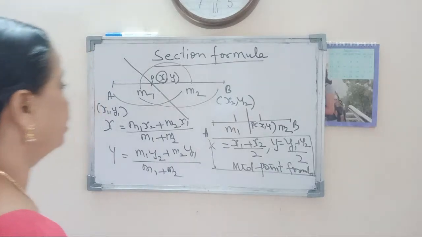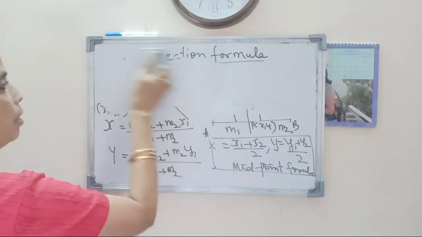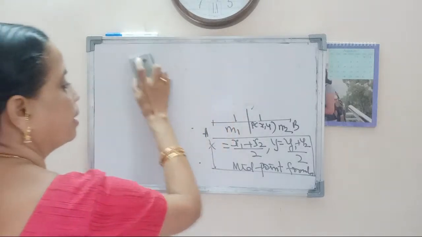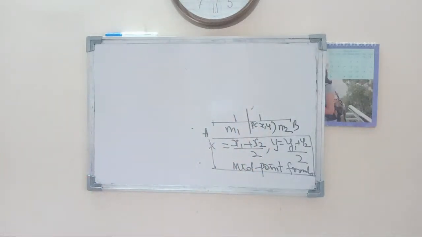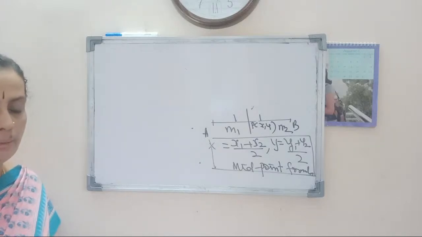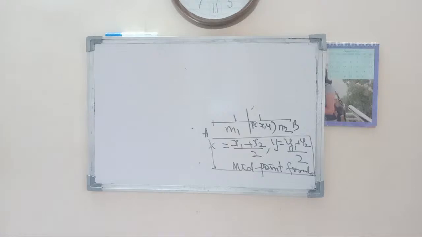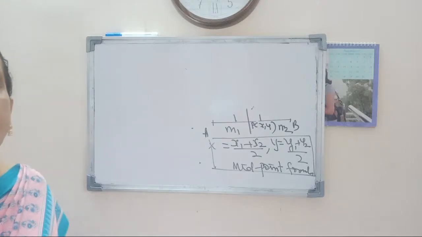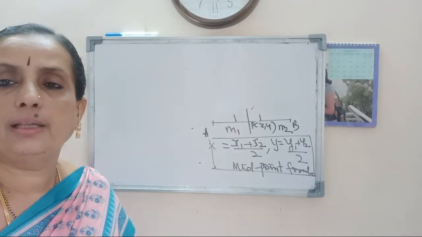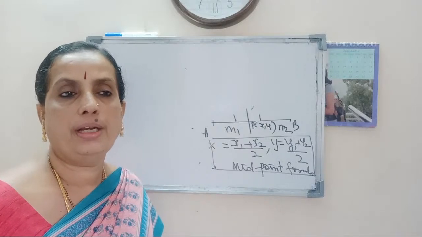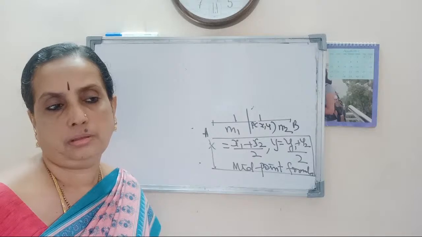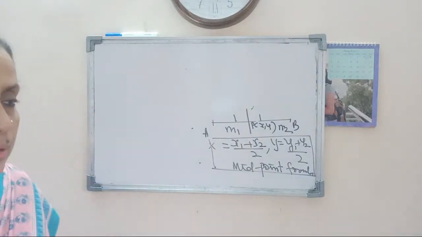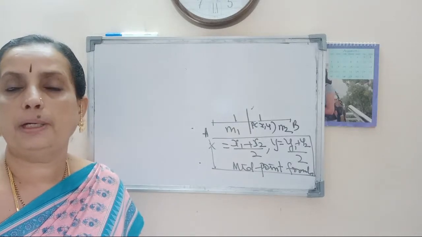Next, second point. Suppose a line segment AB is intersected by a point P x comma y in the ratio 1:1. That is, P is the midpoint.